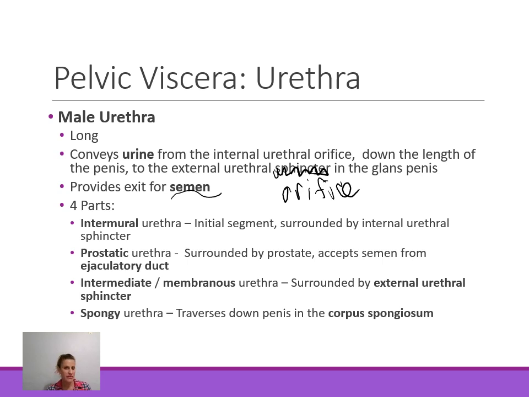The male urethra is divided into 4 parts. The intramural urethra is the short initial segment of the urethra. This is the area that's surrounded by the internal urethral sphincter. Again, the internal urethral sphincter is involuntary smooth muscle.